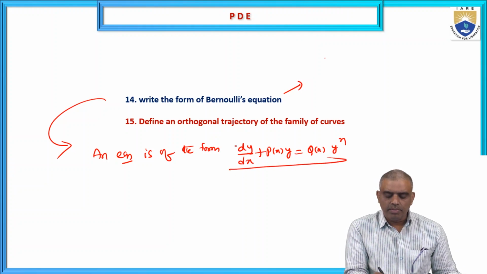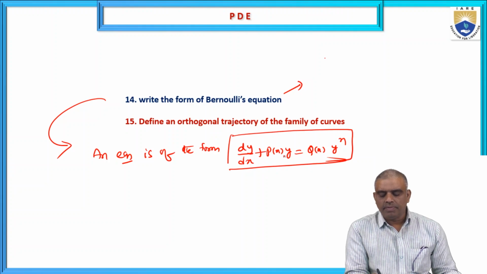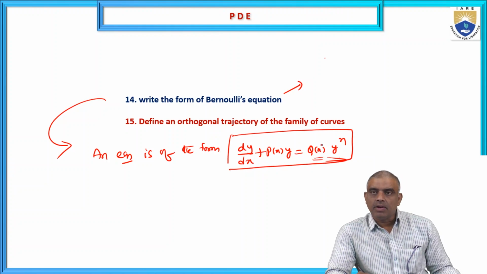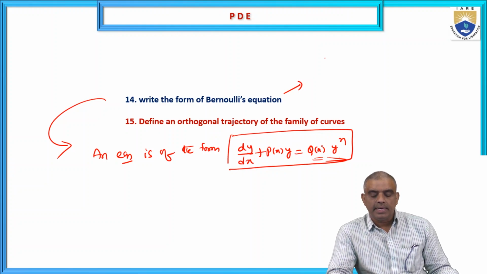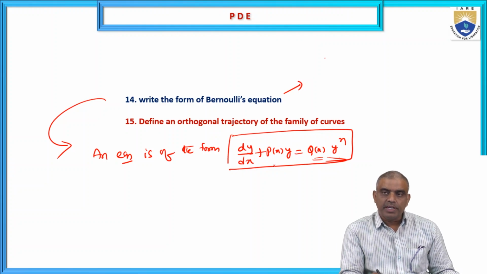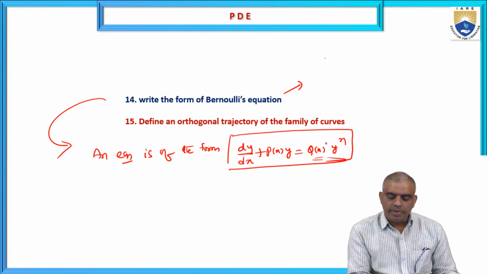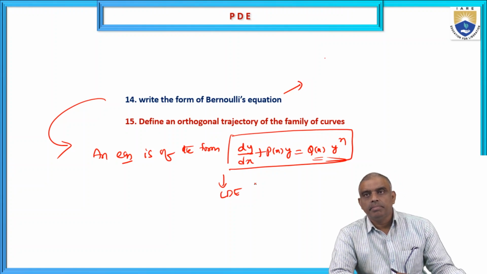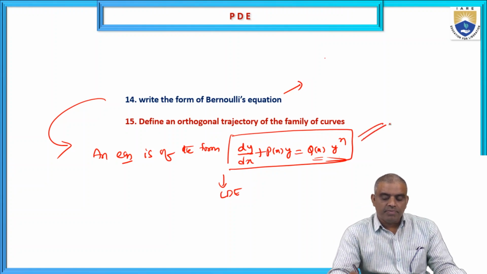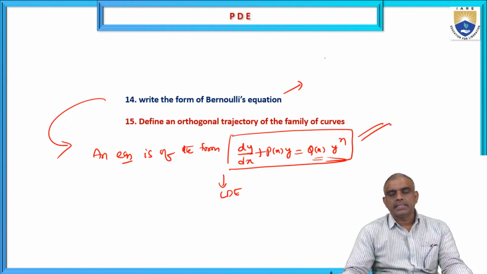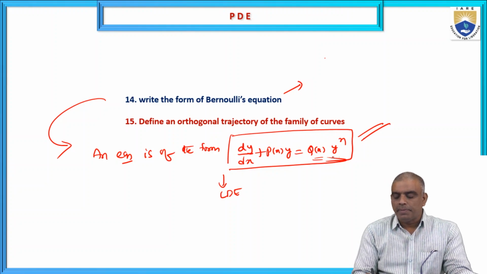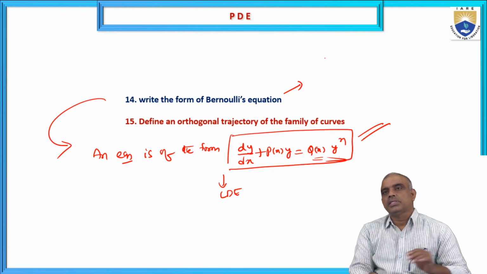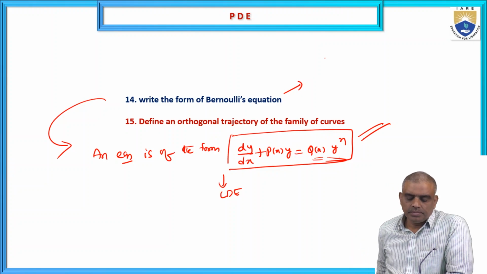If Q of x is alone on its right side, then it is called a linear equation of first order. This is the Bernoulli equation. So how to solve the Bernoulli equation? By reducing this to a linear differential equation of first order, we can solve the Bernoulli equation. So the standard form of the Bernoulli equation is this: dy by dx plus P into y is equal to Q into y power n, where P and Q are functions of x comma y.